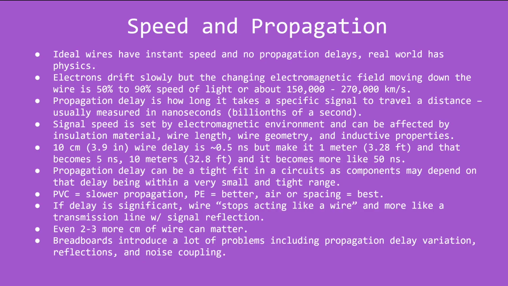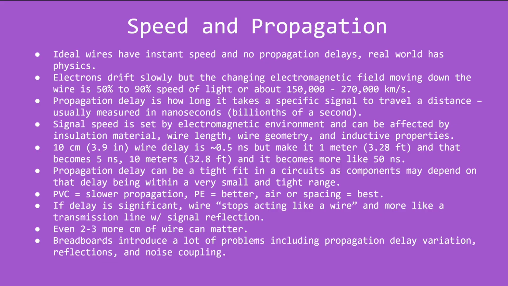All right. Let's talk about speed and propagation next. Now, in an ideal wire, we have instant speed, no propagation delay, but the real world has a thing we like to call physics. Electrons actually drift pretty slowly, but the changing fields which carry the electricity move down the wire at anywhere from 50 to 80% of the speed of light, which is anywhere from 150,000 to 270,000 kilometers per second.